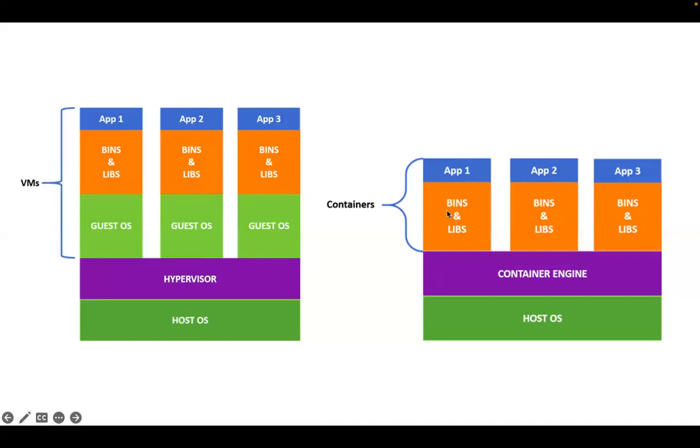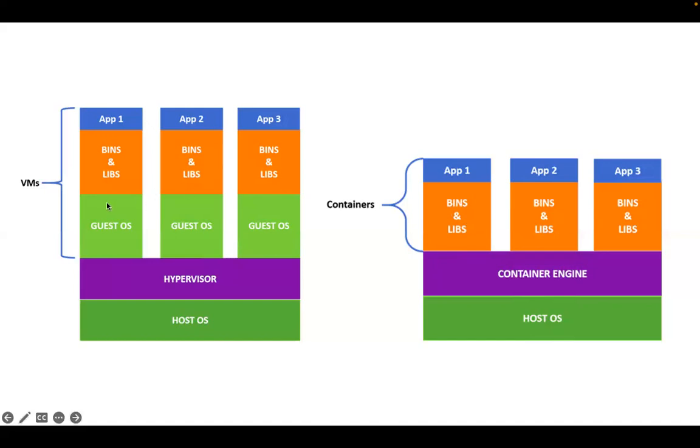So when we run it, what will happen? It will use the resources of the host operating system. The kernel of the host operating system, and the required resources like the memory and the storage, everything will be used from the host operating system.